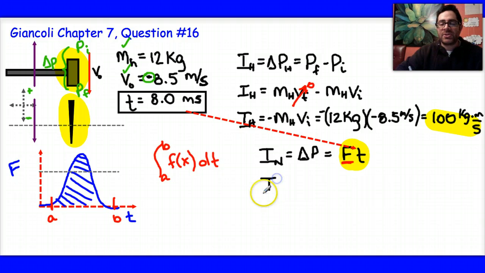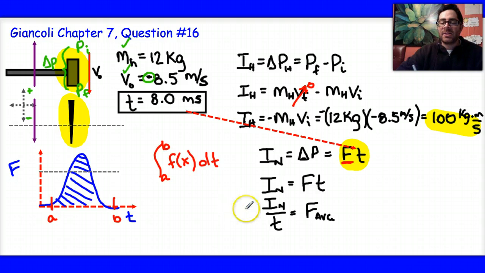I can say the impulse delivered to the nail, which I've already figured out was 100 units, is going to be equal to the force on the nail times the time. And so therefore, if I divide both sides by t, I get this impulse on the nail divided by the time of contact is going to give me this average force.